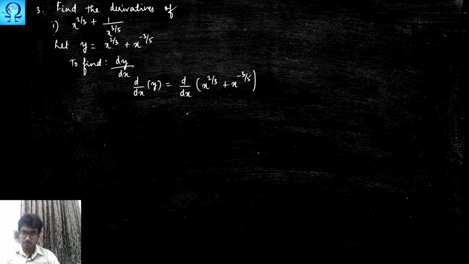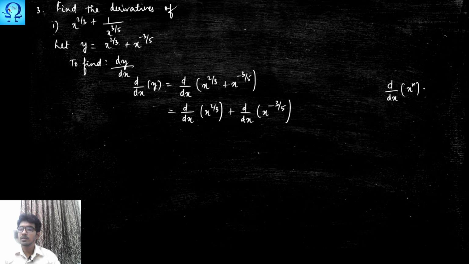Here we have to be very careful in doing the calculation. As usual, we are making use of the sum rule to split these terms. Here the powers are not integer values, they are fractions, so we will have to be extra careful. What is the formula that we are going to make use of? d/dx of x^n is n times x^(n-1).